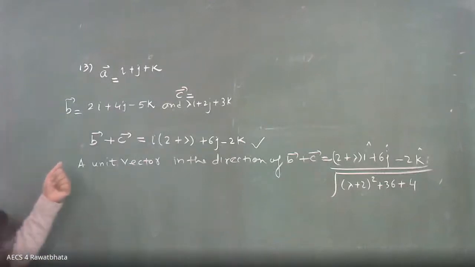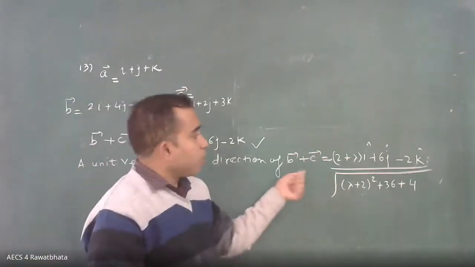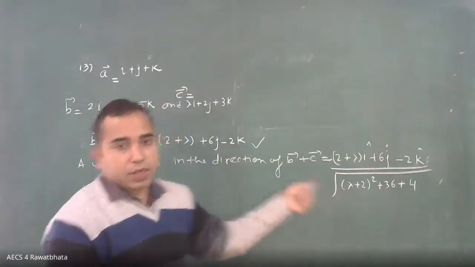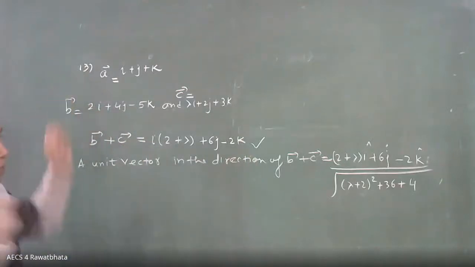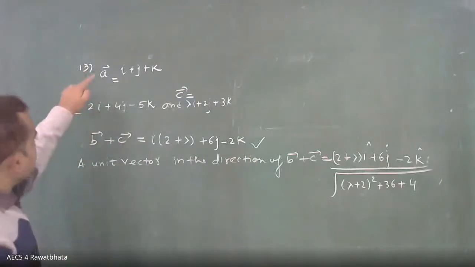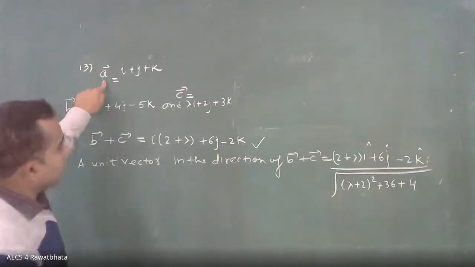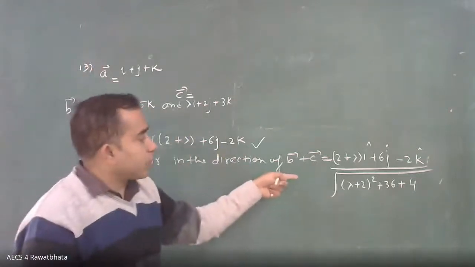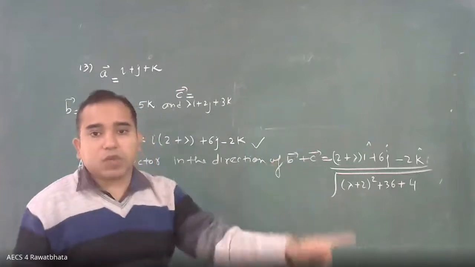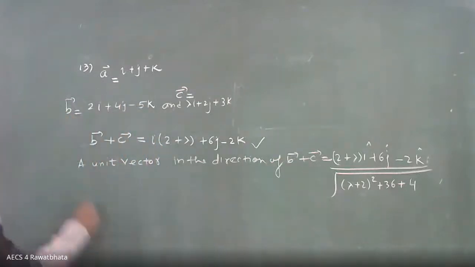Students, this is the unit vector along B plus C vector, and now you can read the question again. The scalar product, meaning the dot product of A vector with this unit vector in the B plus C direction, is given equal to 1. That is also right.